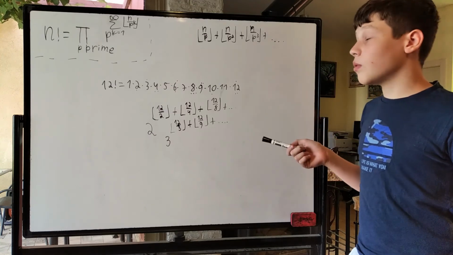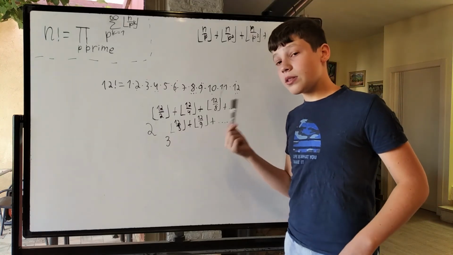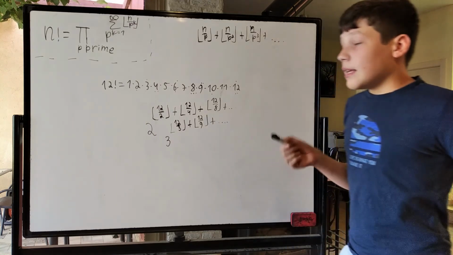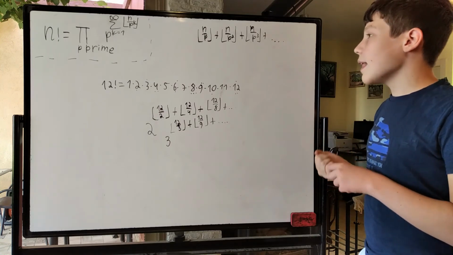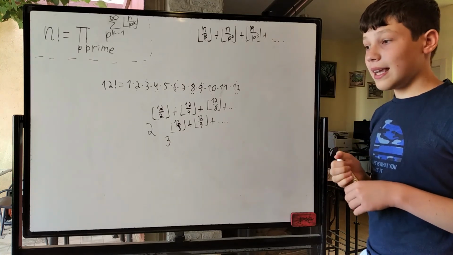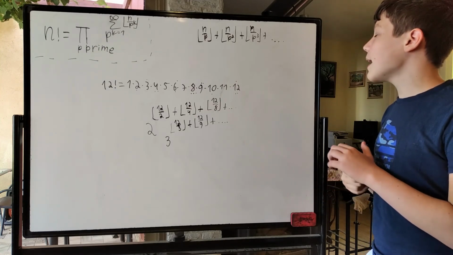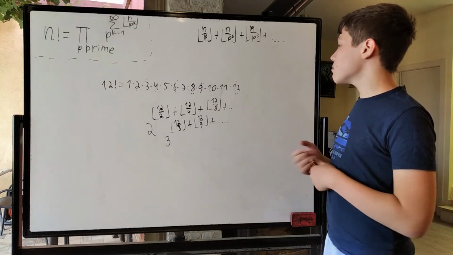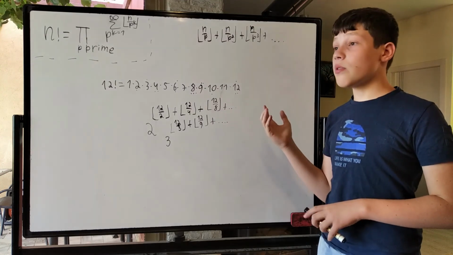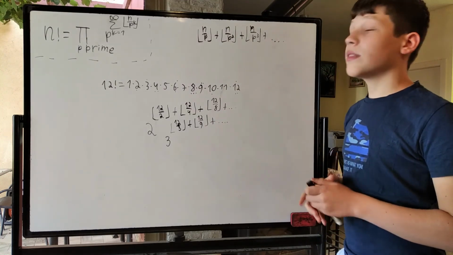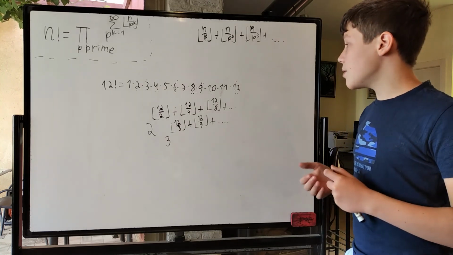Because obviously 12 is smaller than any natural power of 13. So for 13 and all other primes beyond, their floor is just 0, so the power is 0, so they're not accounted for in the prime factorization, which is what we want and know should happen.